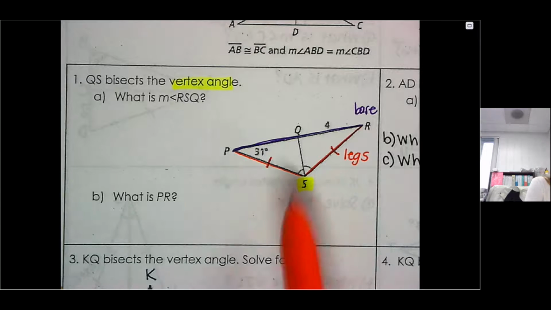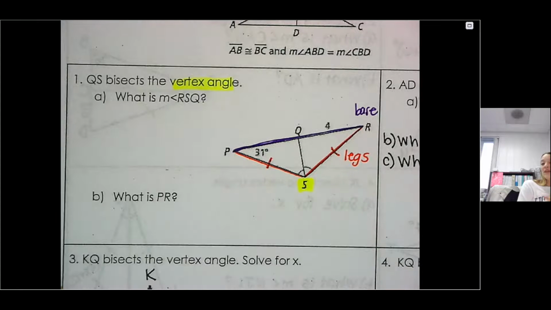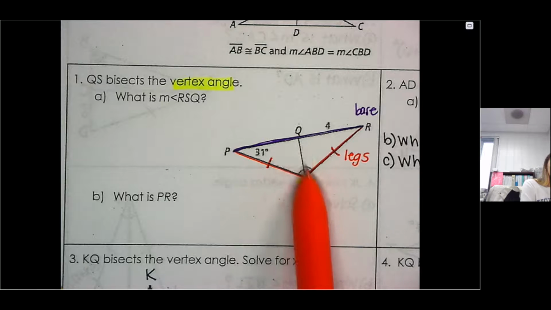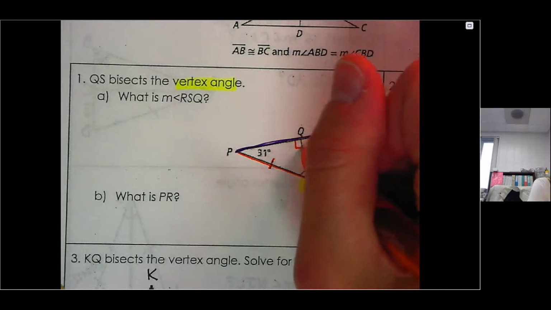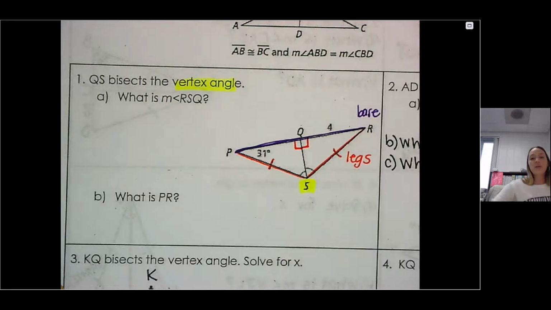So I want to know what is this little angle right here all by itself. Okay, so we're going to add in everything that we know. Because this is perpendicular and it's bisecting, it makes 90-degree angles. So I'm going to draw in my 90-degree angles. And it's the same on both sides. So you really have two 90-degree angles.